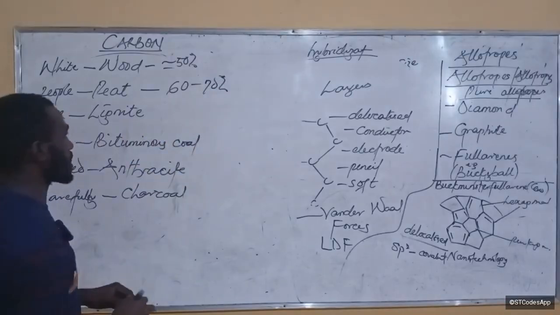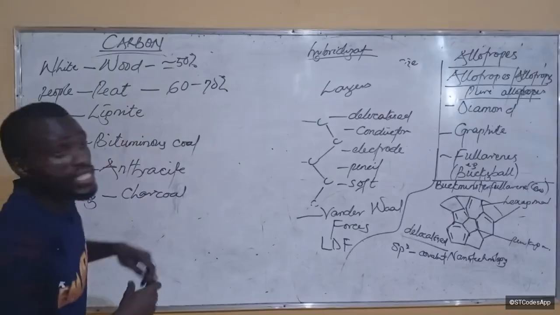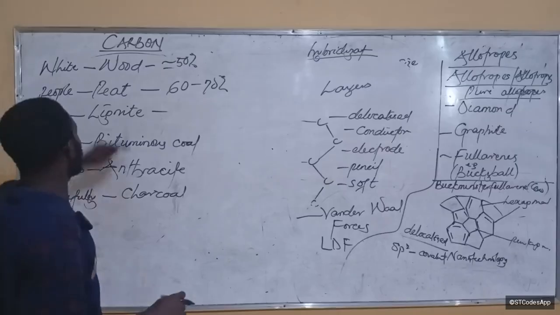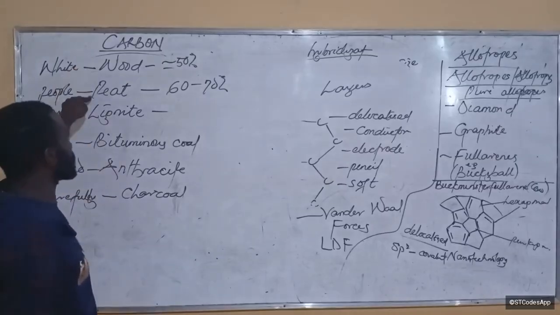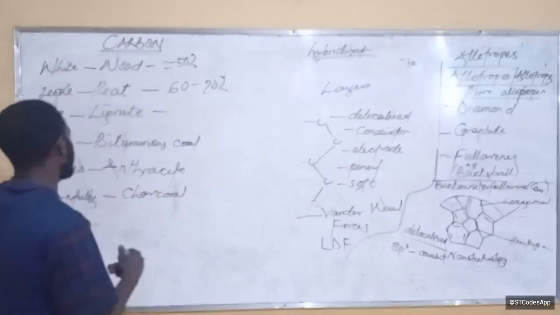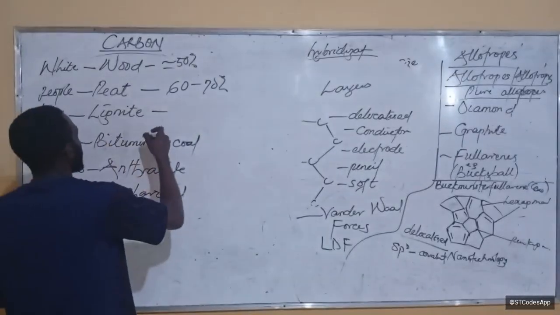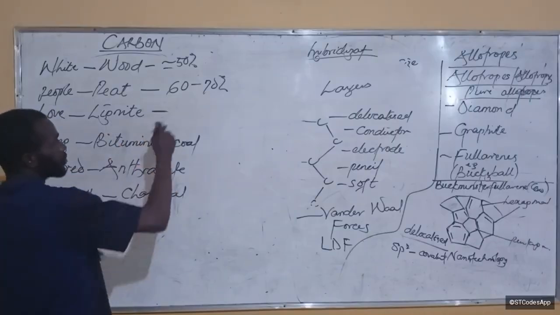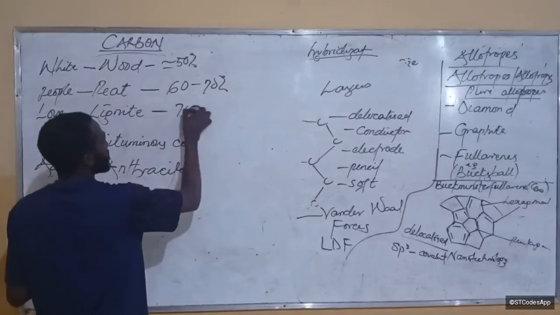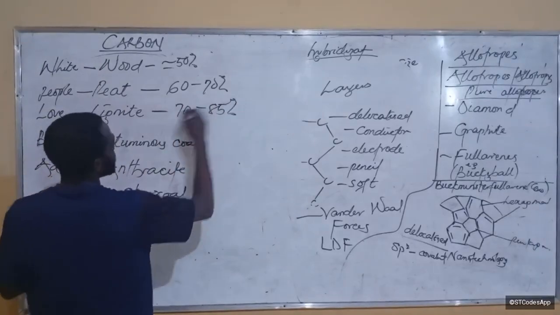Okay, so you see that the carbon content is increasing with the heat, right? To convert wood to peat, exactly, it has to be compressed for a long period of time. To get lignite, you do the compression process further. You compress peat and heat it up.